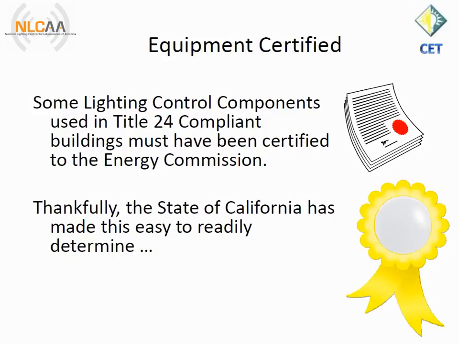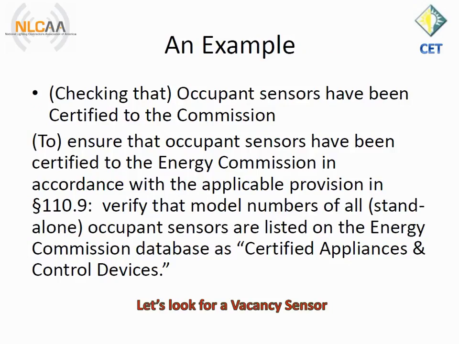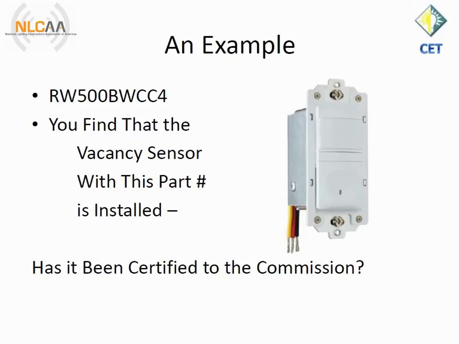So let's take a look at how we would take a standalone device and search for it. Section 110.9 of the Building Energy Efficiency Standards tells us to install a great many things. If you install them, they have to meet Title 20. So let's take a look and see if we can find whether this has been certified to the Commission.